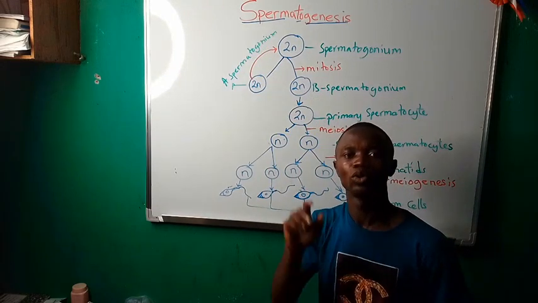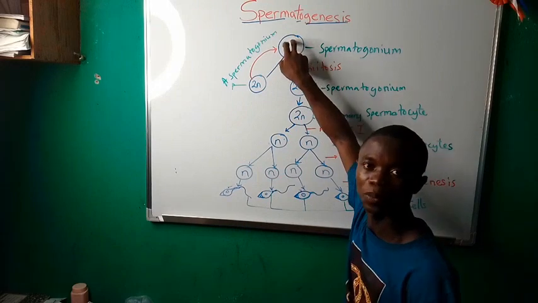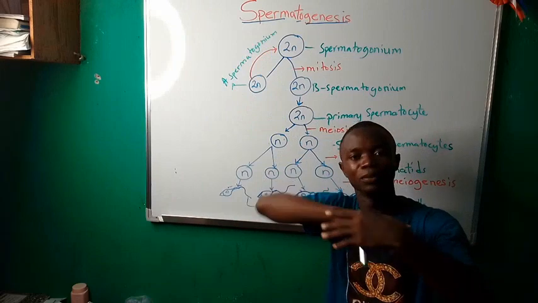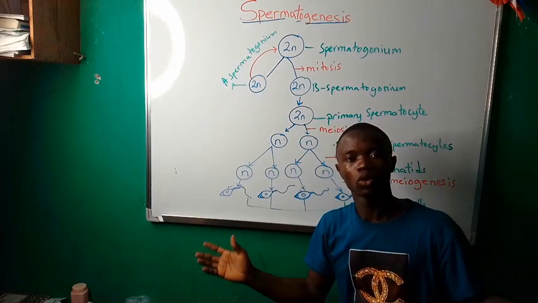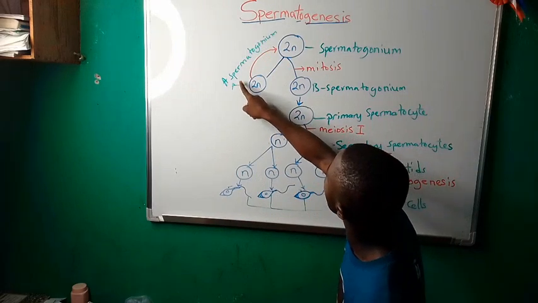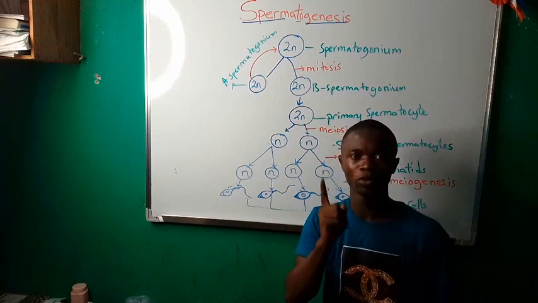What can happen is that for the stem cell we use, the original spermatogonium we started with, we don't want it to be depleted. So we want to replace it. This A spermatogonium will go back to replace the original spermatogonium that we used previously.